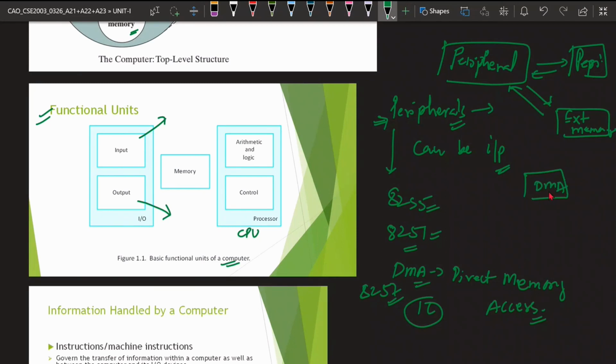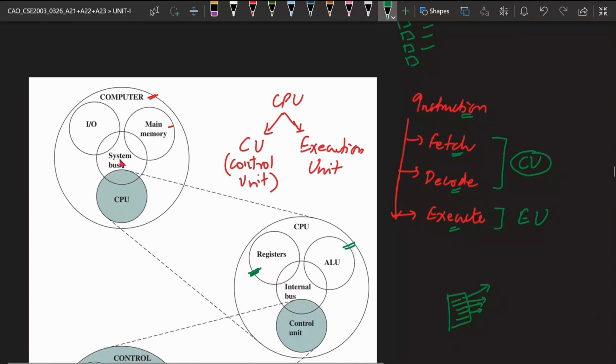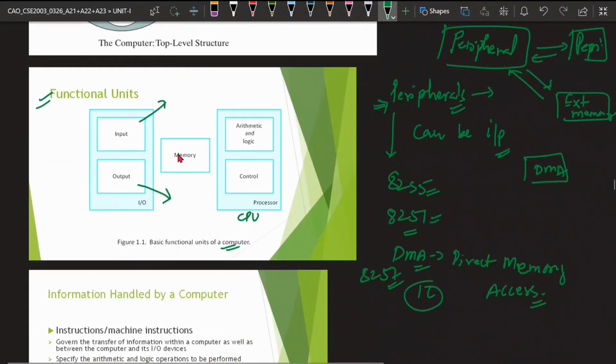Basically the data transfer is otherwise done by the CPU, or the processor, over the data bus. In the previous figure the system bus was represented, but here we are not representing it. These are just functional units, and how they are connected is not given. There will be some connection between these building blocks with the help of the system bus.